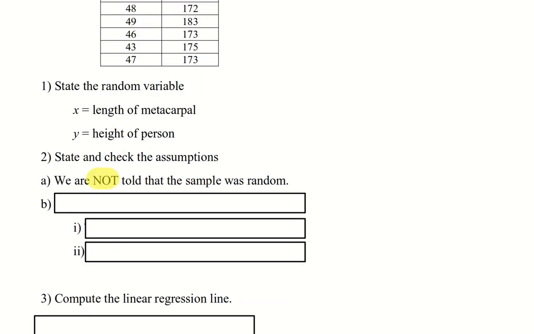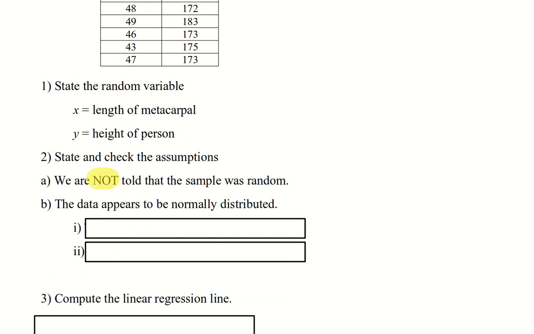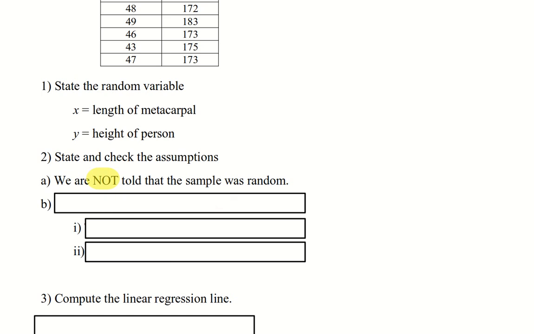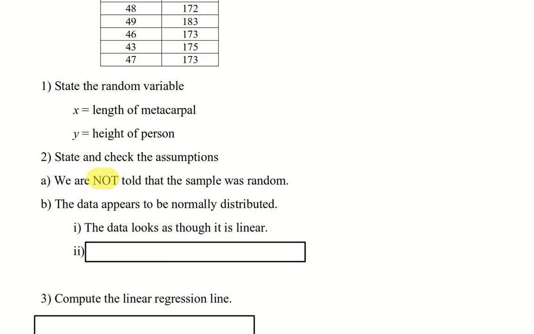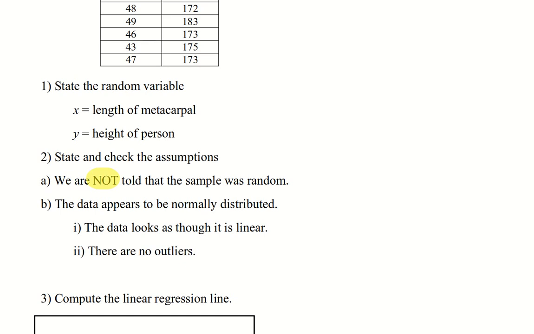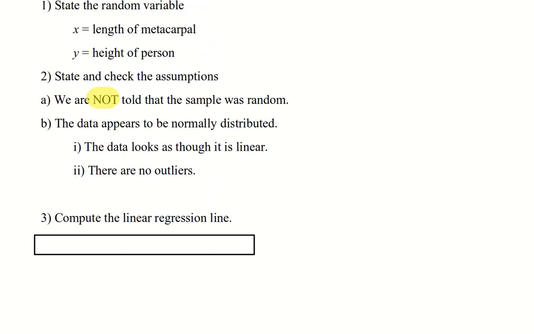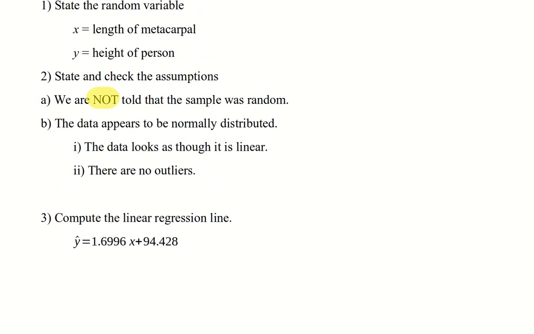The second thing we want to show is that it is normally distributed. We're going to use the scatter diagram and the box and whisker plot with outliers to determine that. And when we do those two things, we learn that, yep, it looks pretty linear, and there were no outliers. So we're going to compute the linear regression line. So there it is. That's what I got out of my calculator.